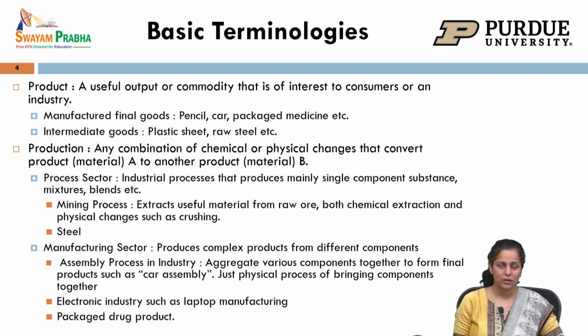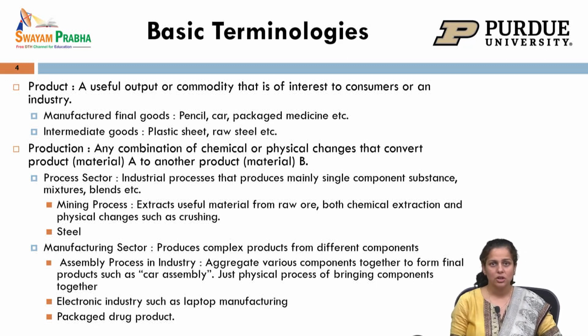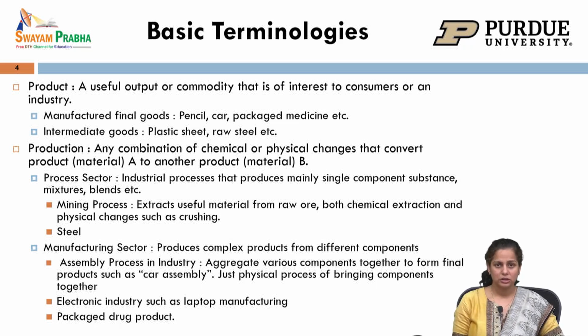There is input of energy, there is input of perhaps washing and cleaning and joint welding. So, the kind of processes that we talk about in these kinds of manufacturing sectors are inherently very different than the process sectors, which involve transformation of material A to material B using chemical or physical processes.